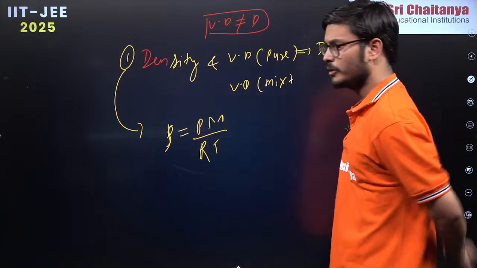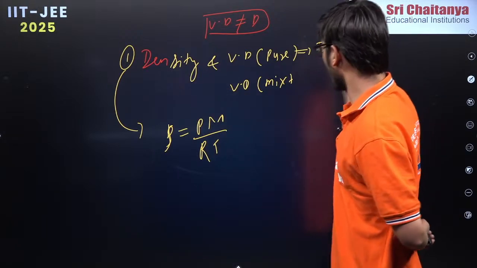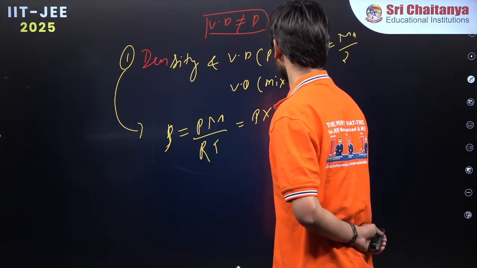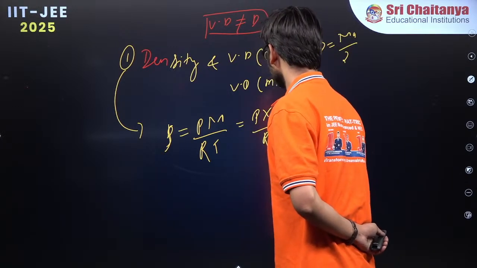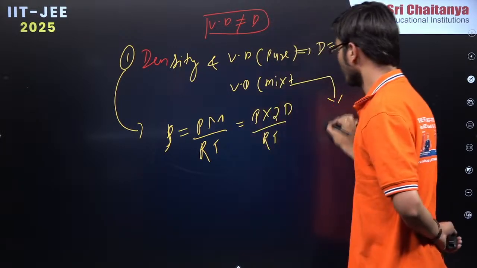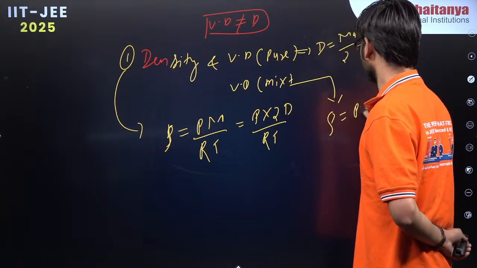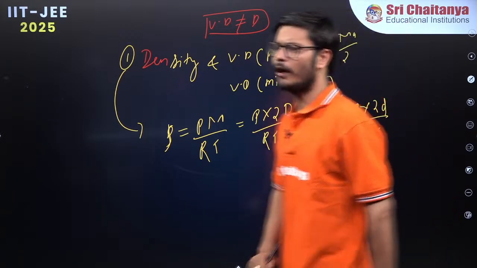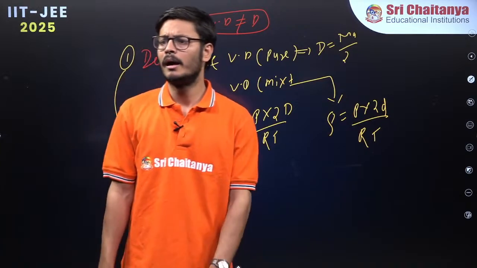Very good. P into 2d by RT. So for pure one, the formula is P into 2d by RT, and for mixture of gases, the formula comes out to be pressure into 2d by RT. Yes, I hope this is clear to everyone, right?